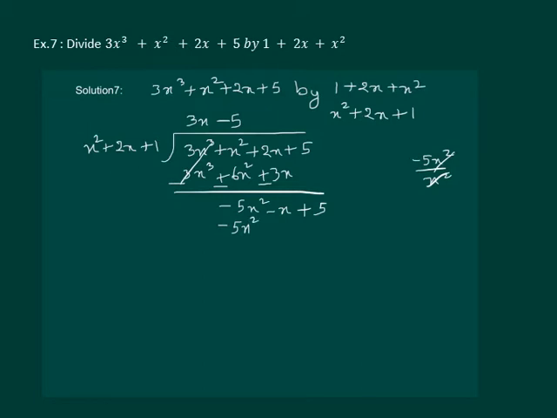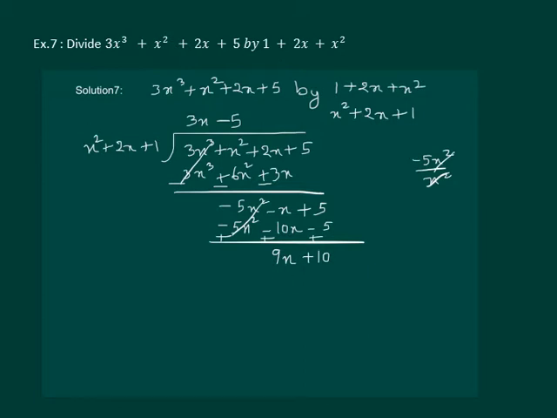plus 2x into minus 5 will be minus 10x plus 1 into minus 5 is minus 5. Change the signs and we get 9x plus 10.